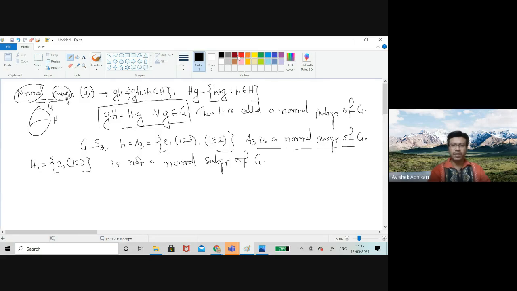So today, first we are going to show you a very important theorem that is usually used to check whether a subgroup is normal or not. So you can think of this as a theorem.